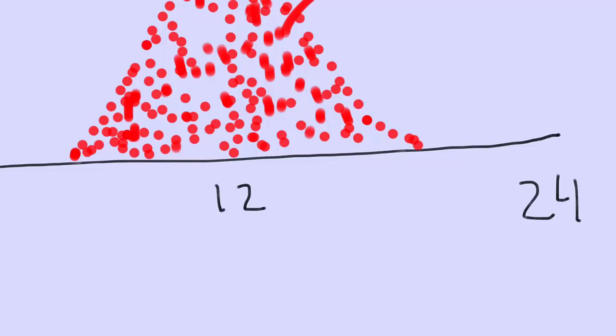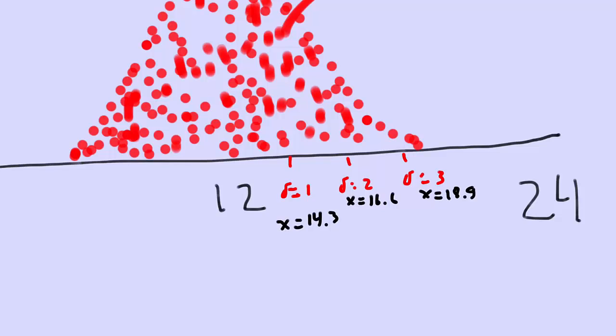And this is sigma equals 3. Sorry about the equal signs there. That'll be sigma equals 2 and sigma equals 1, which corresponds to x equals 14.3, x equals 16.6, x equals 18.9.